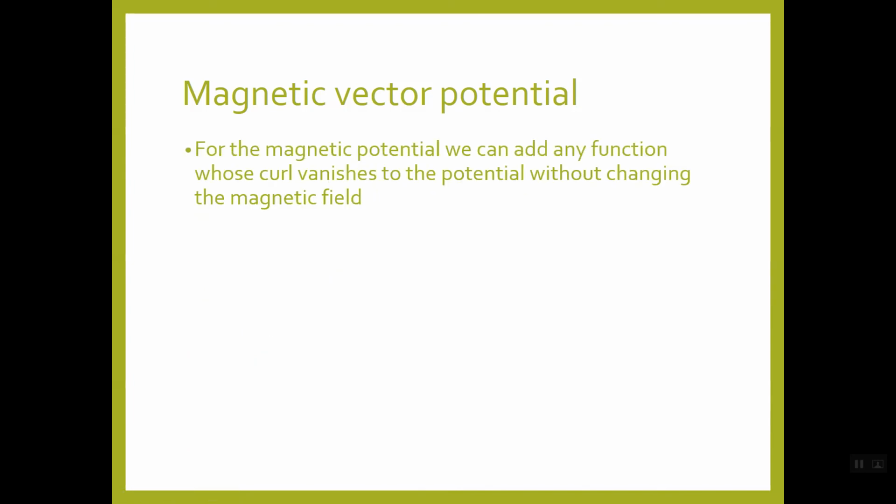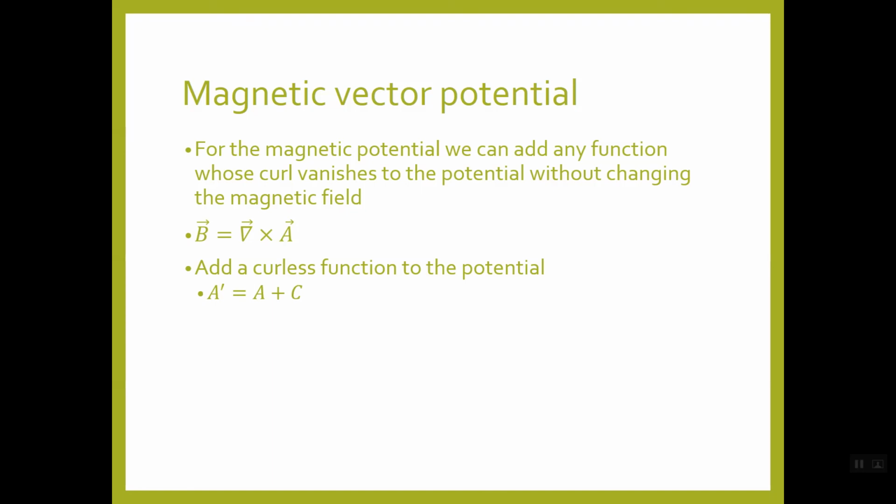For our magnetic vector potential, you can add a function whose curl vanishes to the potential without changing the magnetic field. So let's add a curlless function C to the magnetic vector potential.